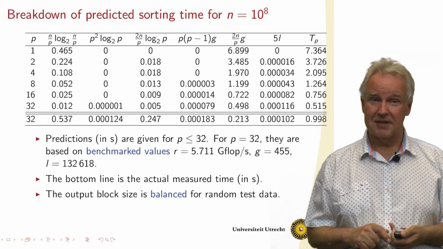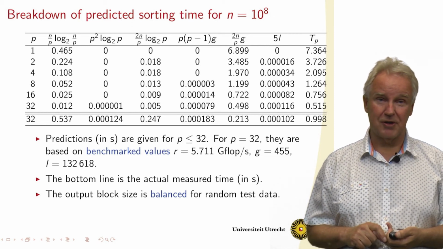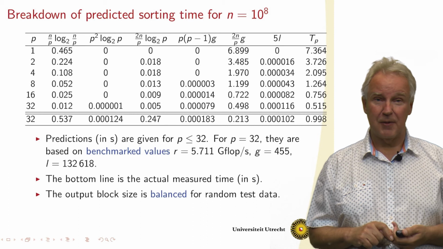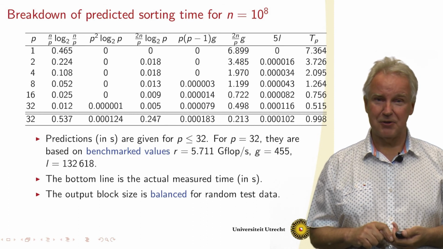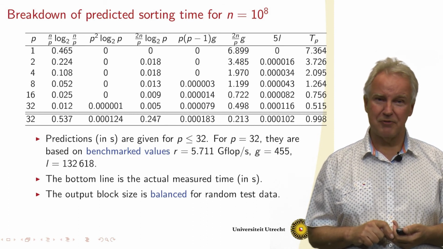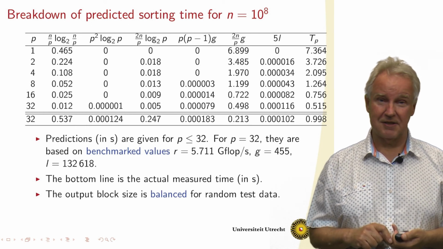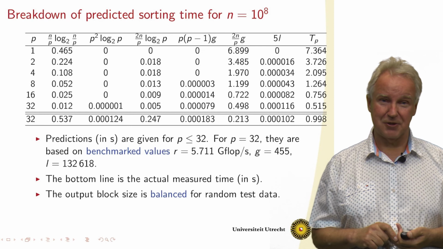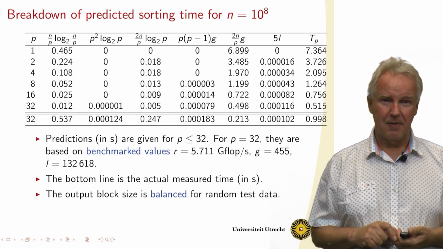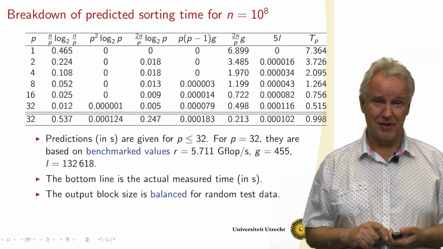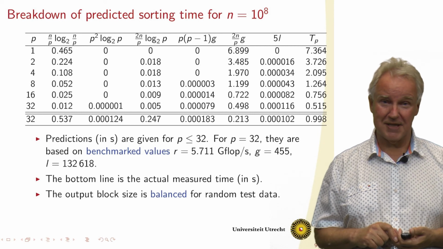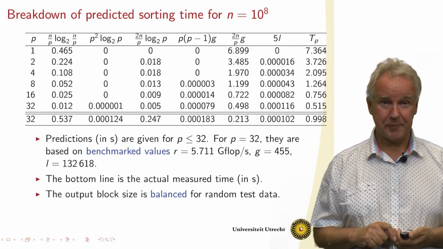On the other hand, the other values for g and l, they give some insight. They tell you that yeah, most of the time is really spent in communicating the data. The 0.2 seconds is communicating the data. Synchronization is not very important, so that's also a lesson we learned from this.